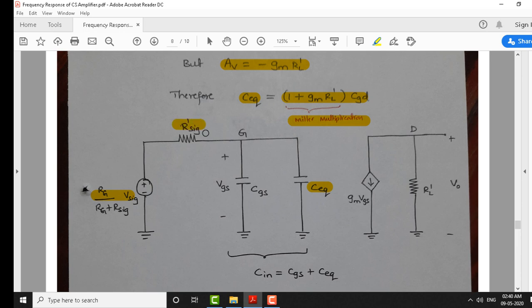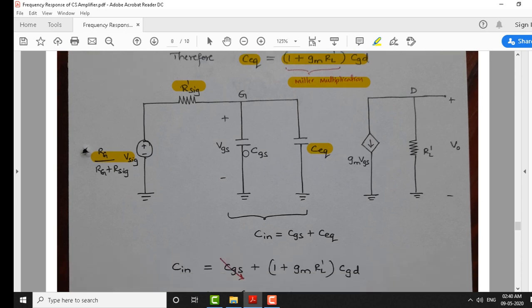R Thevenin we have now denoted as R dash signal, and the rest of the circuit remains the same. The only difference is we have removed the capacitance CGD and obtained the equivalent capacitance as per Miller's theorem. The other parts in the output side remain as they are, GM times VGS and RL dash.